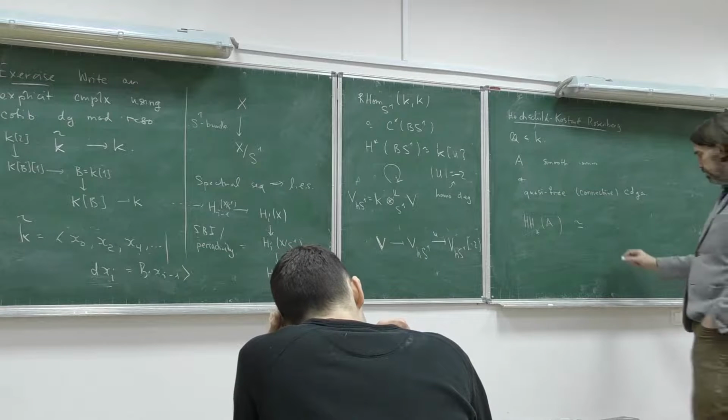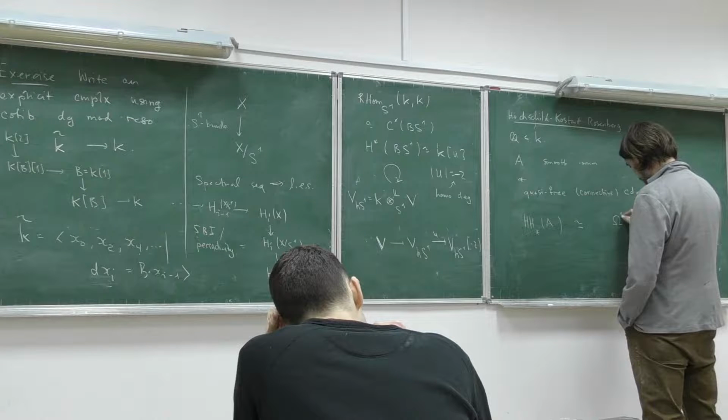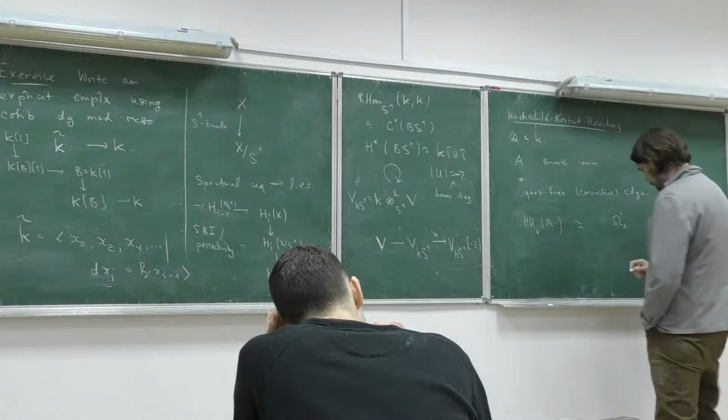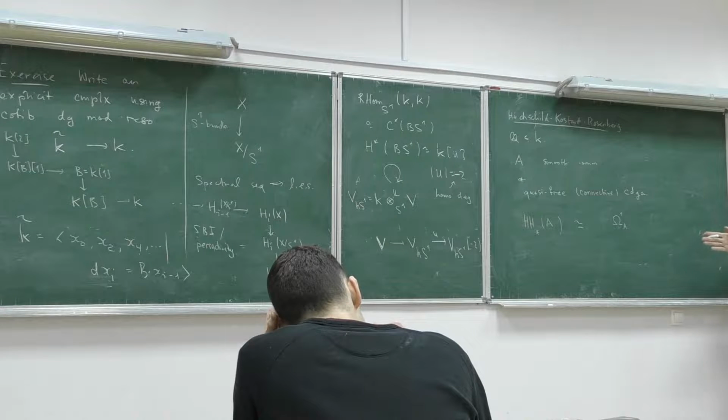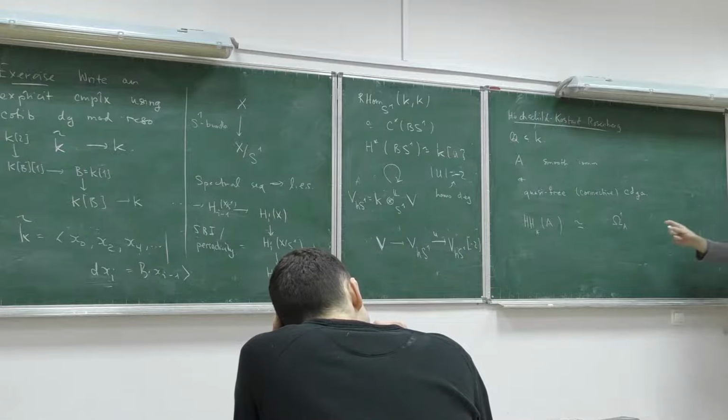You take the Kähler differentials, and normally for the Koszul complex you would put them in homological degree -1. Here you actually put them in homological degree 1, so you shift them down.